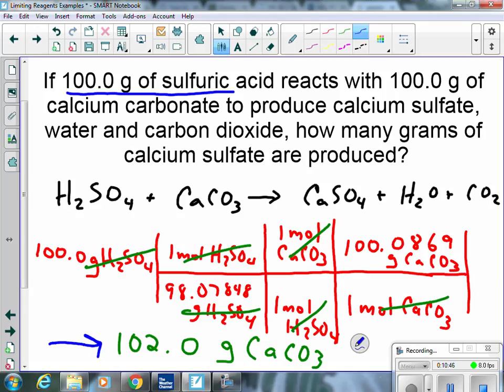Do I have 102 grams? No, I do not. So what do I not have enough of? Calcium carbonate. So what is my limiting reagent? What is limiting my reaction? Calcium carbonate. Okay? Now, that has nothing to do with answering the question, does it?